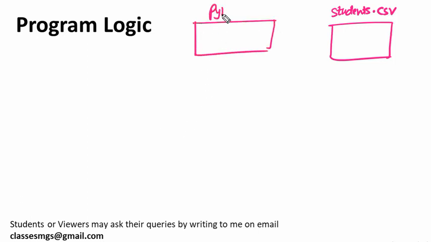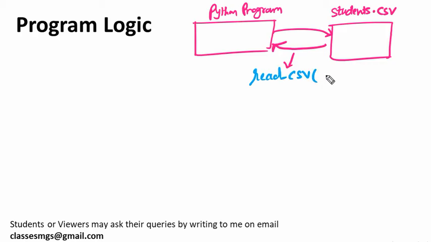This program will read the data from the CSV file using the read_csv method and the path of the file. Let's suppose the file is located in the C folder, then you will write C:/students.csv like this, and it will return a data frame object.